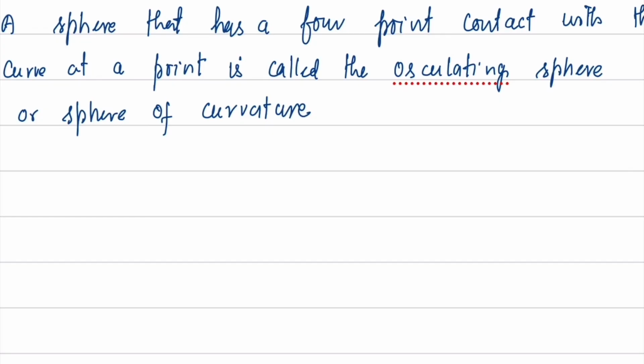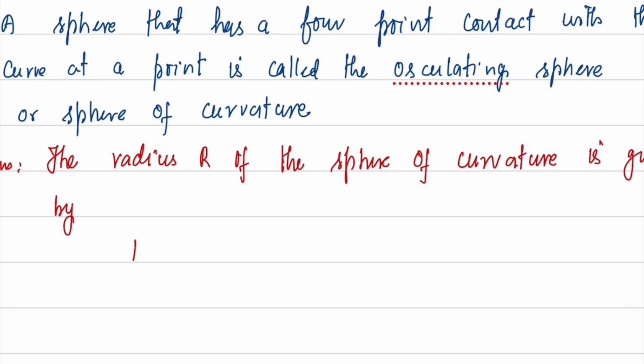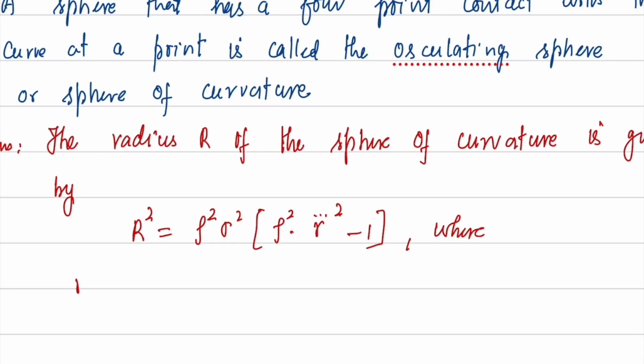Now a result regarding this sphere of curvature: the radius r of the sphere of curvature is given by r square is equal to rho square plus sigma square rho dot square, where r of t equal to x of t, y of t, z of t is the given curve.